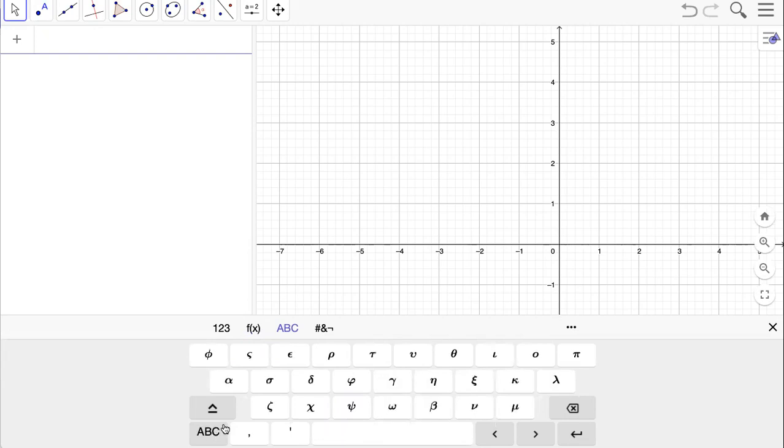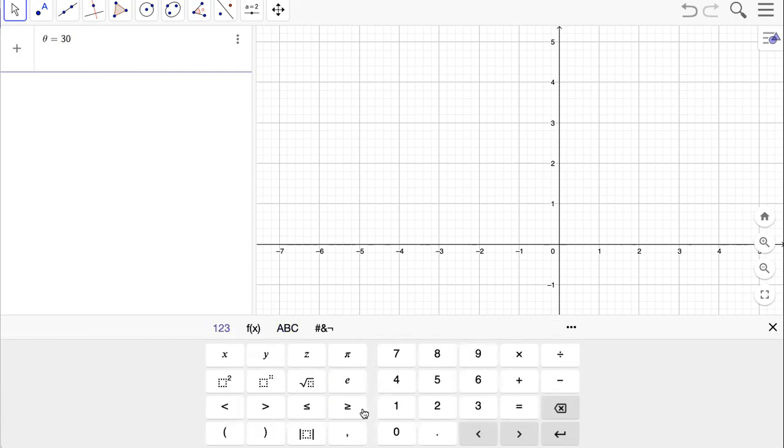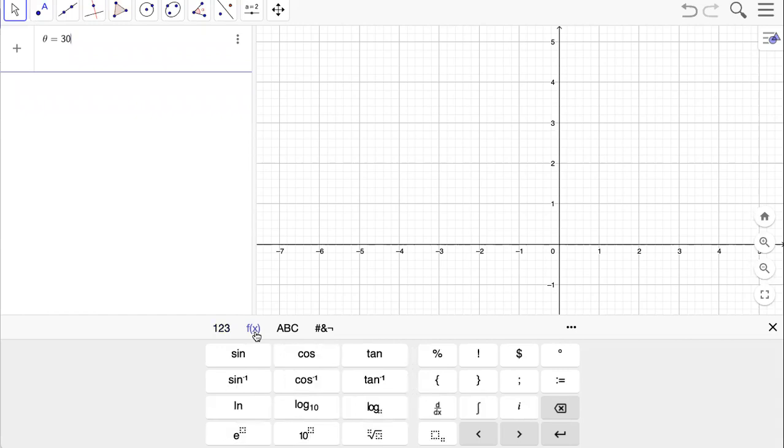Okay, so if you change to the Greek alphabet, you can see theta. Okay, and then just type equal 30, or you can also use this keyboard as well. It's up to you, all right? And then finally, you have to make degree, all right? Give a degree symbol. So you come to the f(x) page, this one, and then you can find the degree symbol. Can you do this? Okay, then you can press enter.